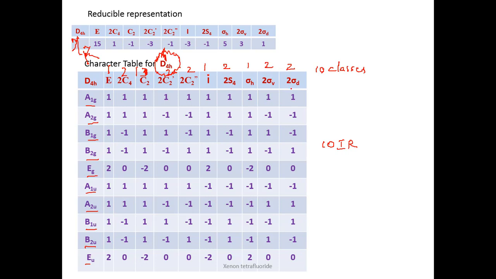These are the operations in each class, and this is what you call as gp. So the gp numbers are 1, 2, 1, 2, 2, 1, 2, 1, 2, 2.